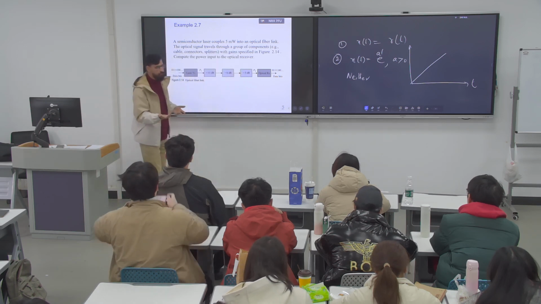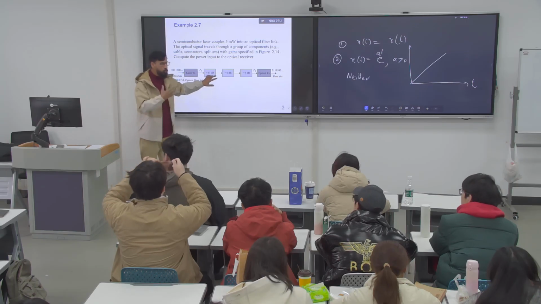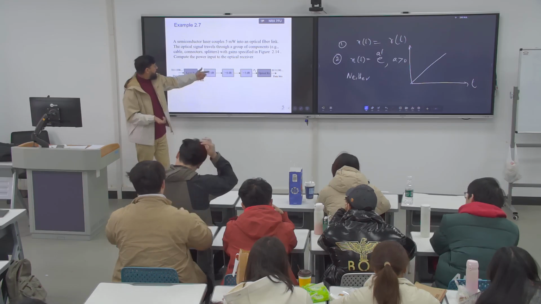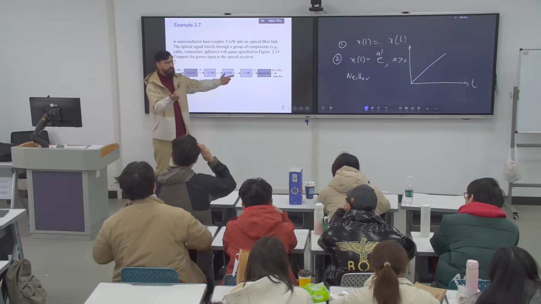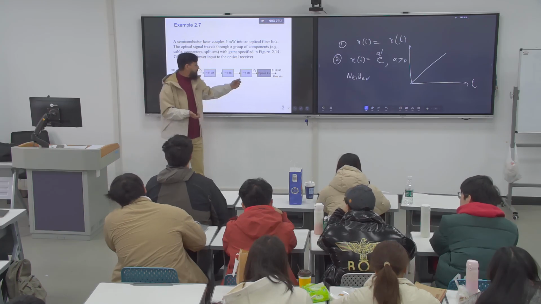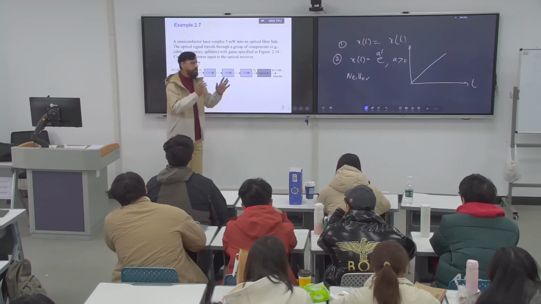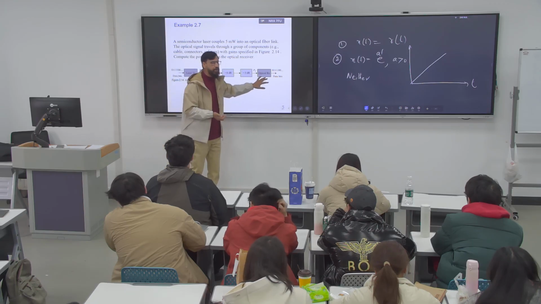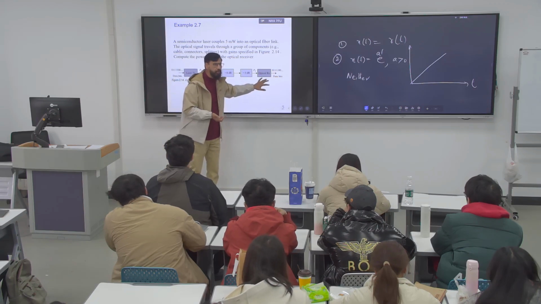Transmission medium, channel. So here, those components, let's say this is a cable, it is taking minus 11 dB, and let's say I have a connector which is taking minus 6 dB, and then I have a splitter which is taking minus 3. At the end, when I reach the receiver side, I need to calculate how much power is there.